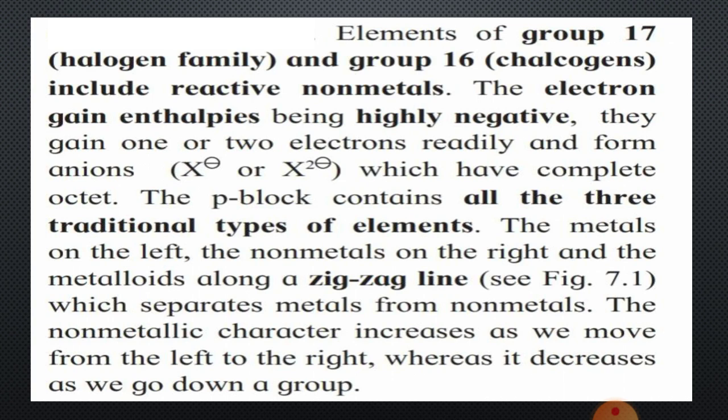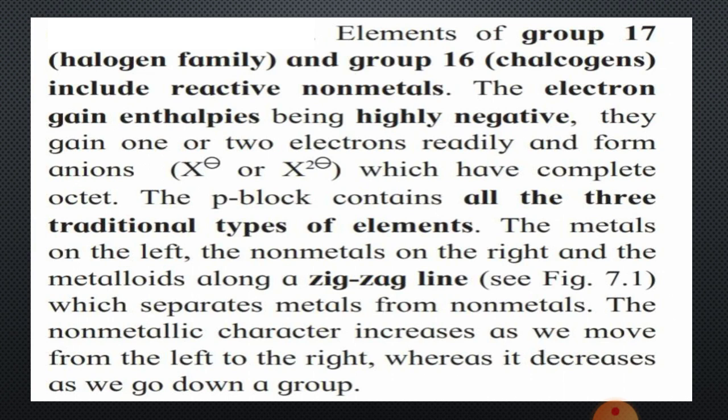Group 16 elements will gain 2 electrons and form X 2 minus anions. Then they will have a complete octet, as that of group 18 elements.